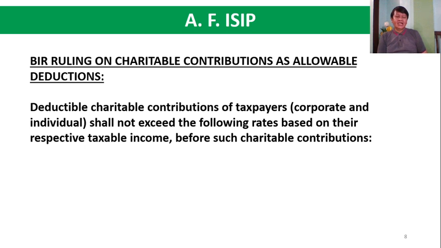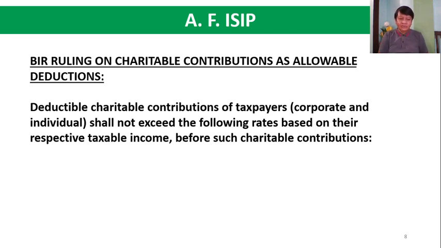What we have discussed in the previous slides is about donations to charities which are considered 100% allowable deduction. But in this particular slide, we will discuss charitable contributions with limitations, and it will depend on the percentage provided by the law. So these are the limitations.